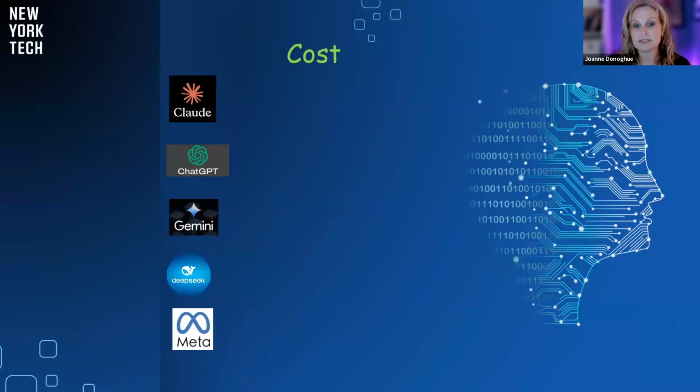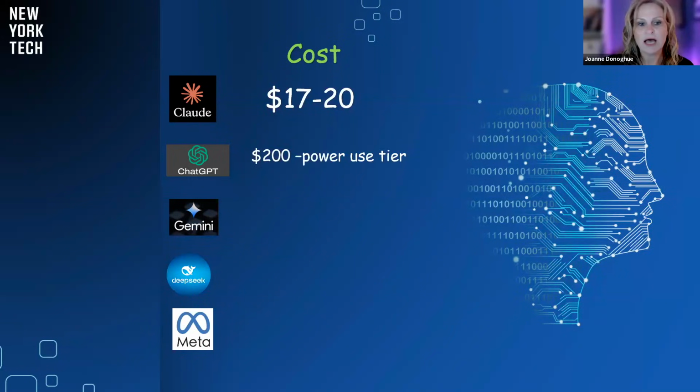And then there's cost. So these are your large language models, and some of you pay for ChatGPT or Claude or Gemini, and they're about $17 to $20 a month. Not horrible for us to spend, right? ChatGPT does have one that's $200 a month if you're using the advanced tier. Gemini has one that's now $55 and higher.